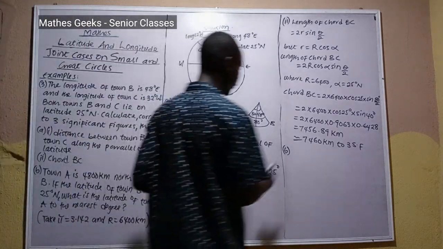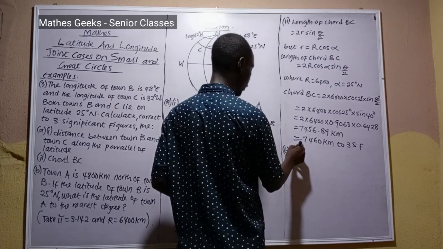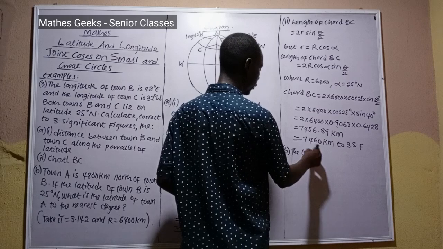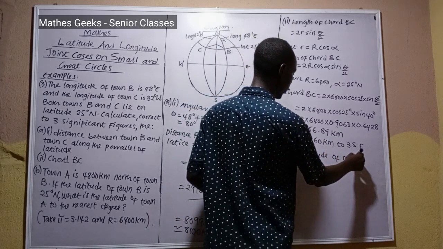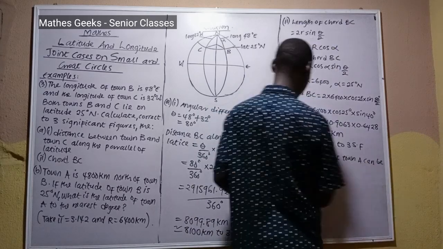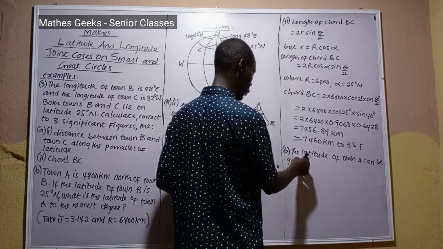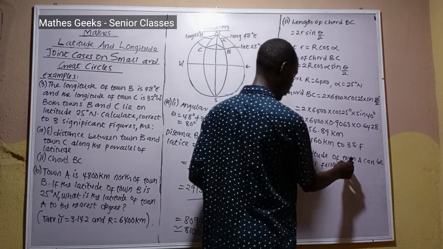So the latitude of town A can be gotten as follows.